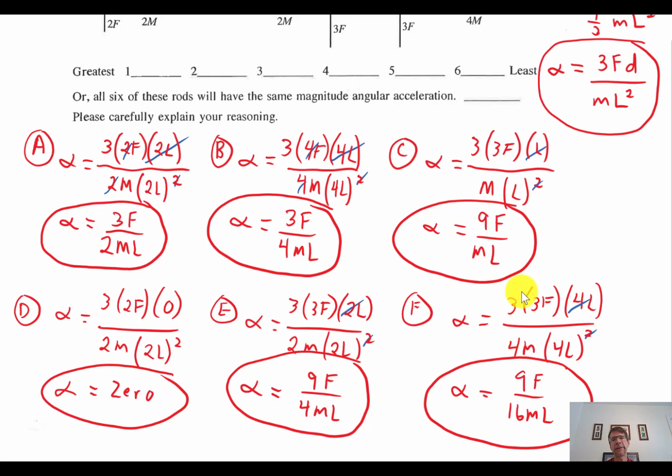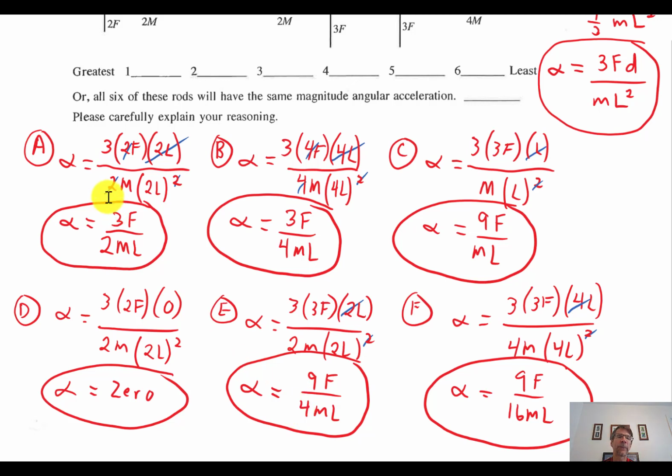So to complete the ranking then, C would be in first place with the biggest because they all have this F over ML. So all you look at is the number in front. 9 is the biggest number, so C is in first place with a 9. Then E, which would be 9 divided by 4, is 2 point something. That'd be second place.